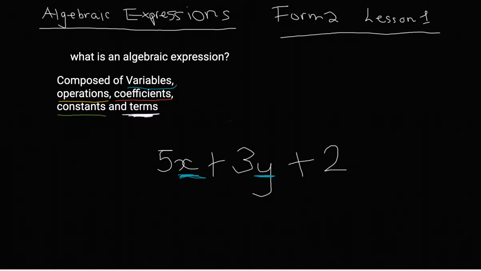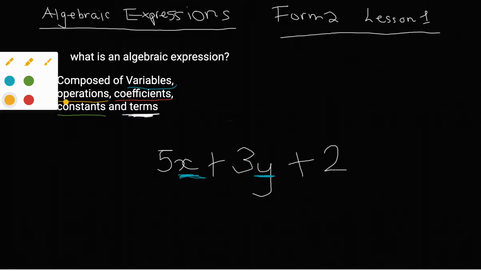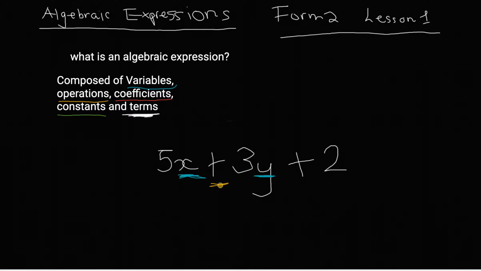Then we have operations. Operations are, in this expression, plus and plus. But other examples of operations are minus or subtract, multiply or times, and divide. Then you have your constants.